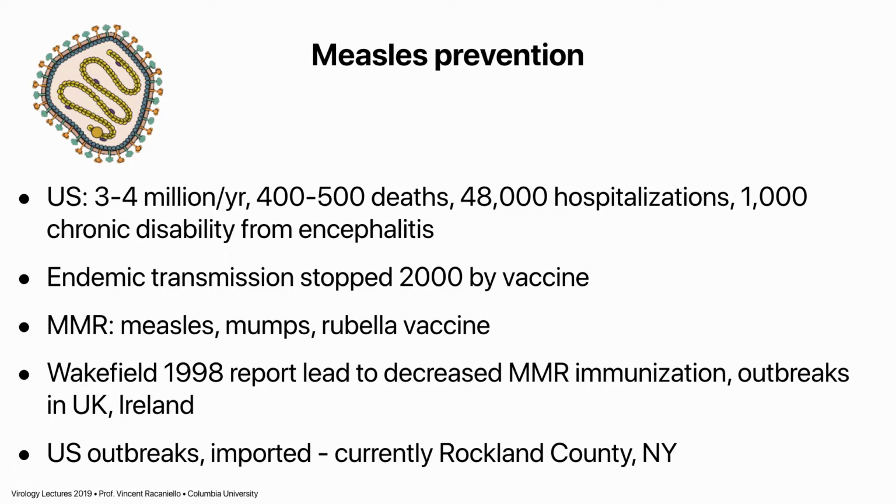I don't understand, but there are outbreaks all the time. There's currently one in Rockland County you may have heard of. Quite a few, over 200 or 300 cases of measles in individuals who don't immunize their children. And there's no reason for this. They have actually imposed a ban on kids under 18 years of age being in public unless they're immunized because it's so serious in Rockland County.